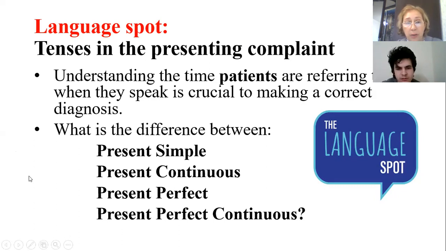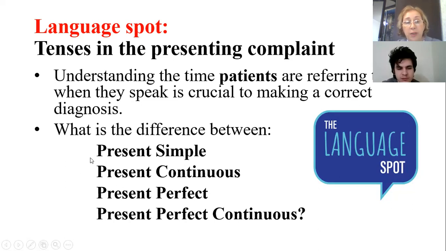And you remember that these are the 4 tenses: present simple, present continuous, present perfect, and present perfect continuous. And understanding the time patients are referring to when they speak is crucial to making a correct diagnosis.